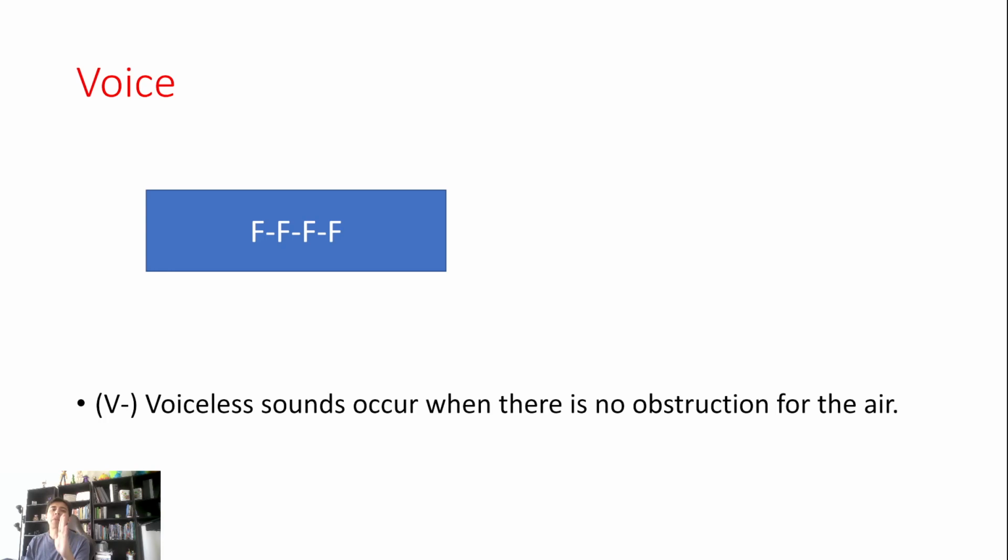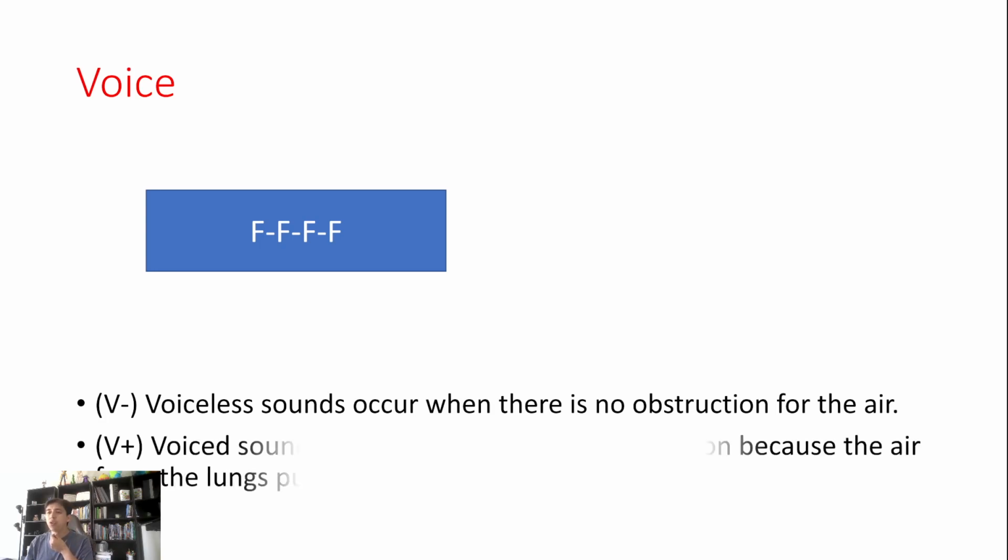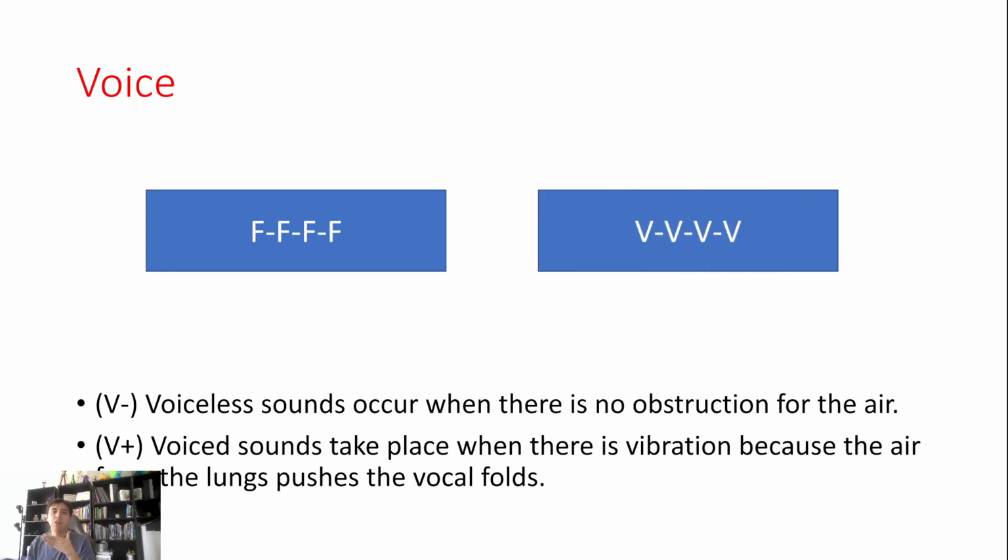If you put your hand on the Adam's apple and you produce this sound, you're going to notice that there is no vibration in here whatsoever, right? But if you compare it with a voiced sound, like V, you say the first one and then the second one, V V V V, you're going to notice that there is a vibration in the second one.